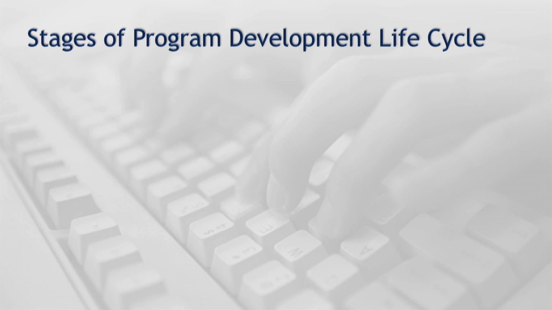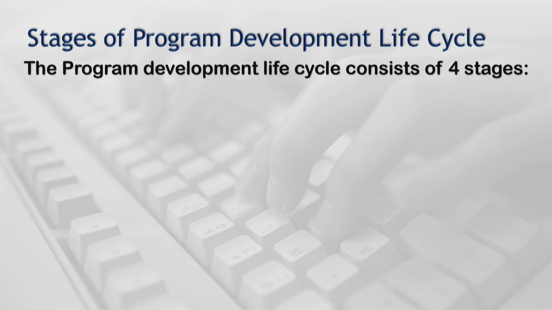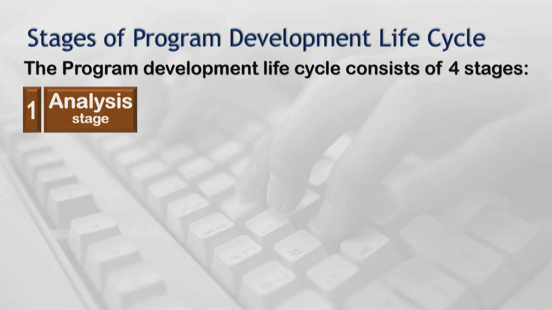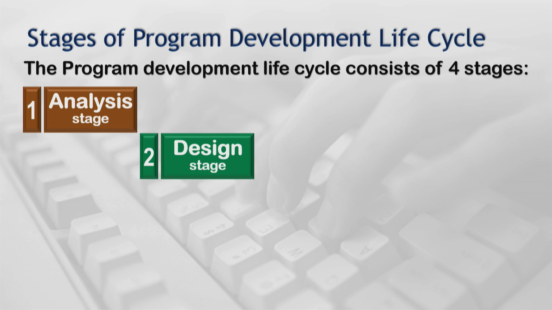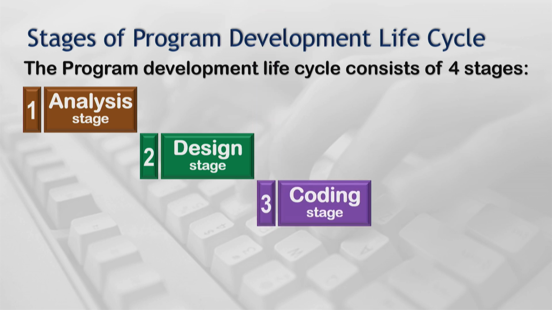The program development life cycle consists of 4 stages. The first stage is the analysis stage, followed by the design stage. Then comes the coding stage.